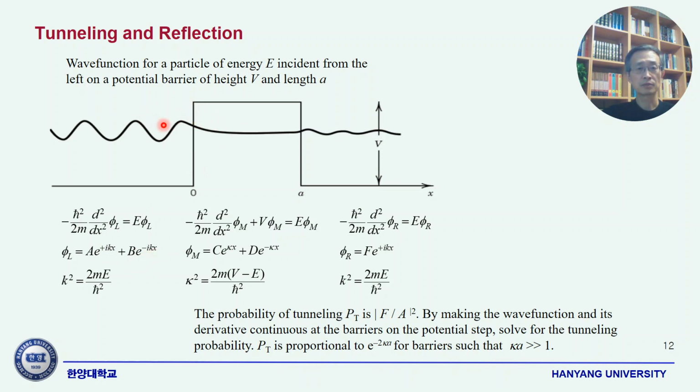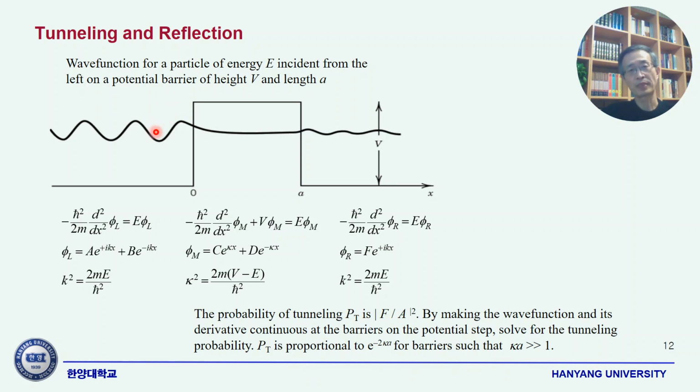Going into the barrier is proportional to A squared, and getting reflected is proportional to B squared. The energy term is associated in this way: k squared is 2mE over h bar squared.